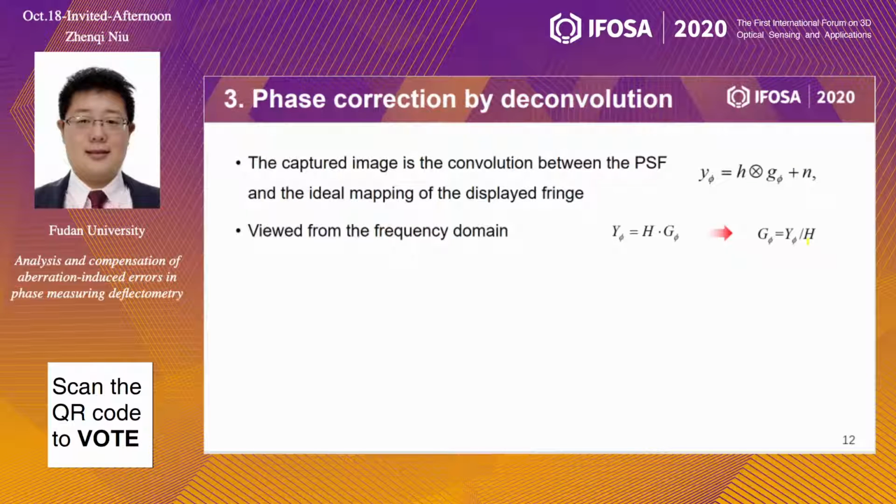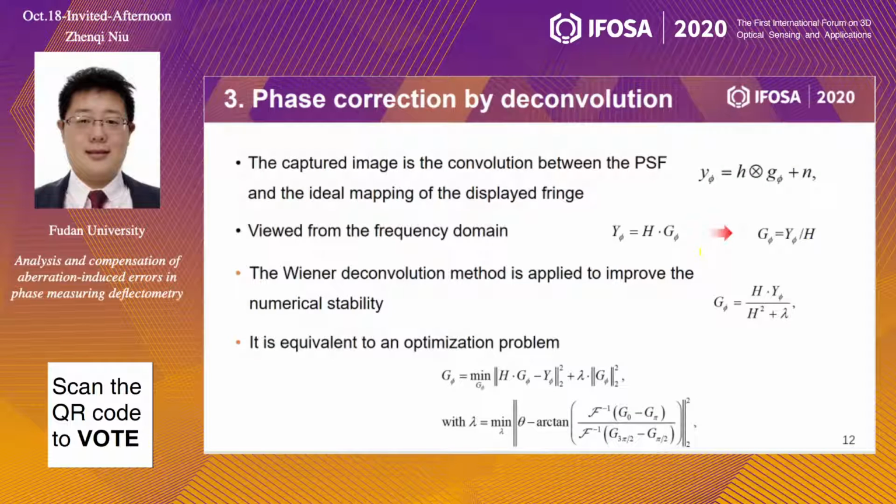Generally, the Wiener deconvolution method is applied to improve the numerical stability by using a damping parameter lambda. However, the damping parameter lambda is an experimental value, which can be affected by manual intervention.